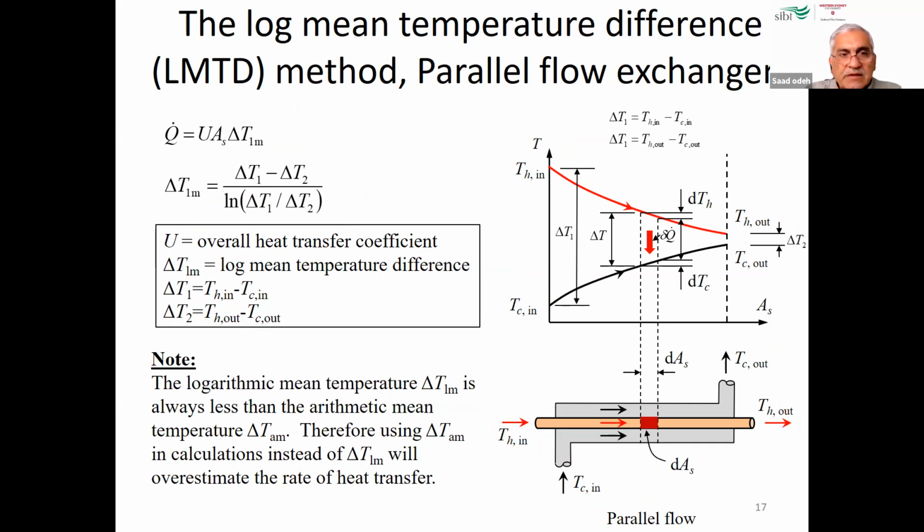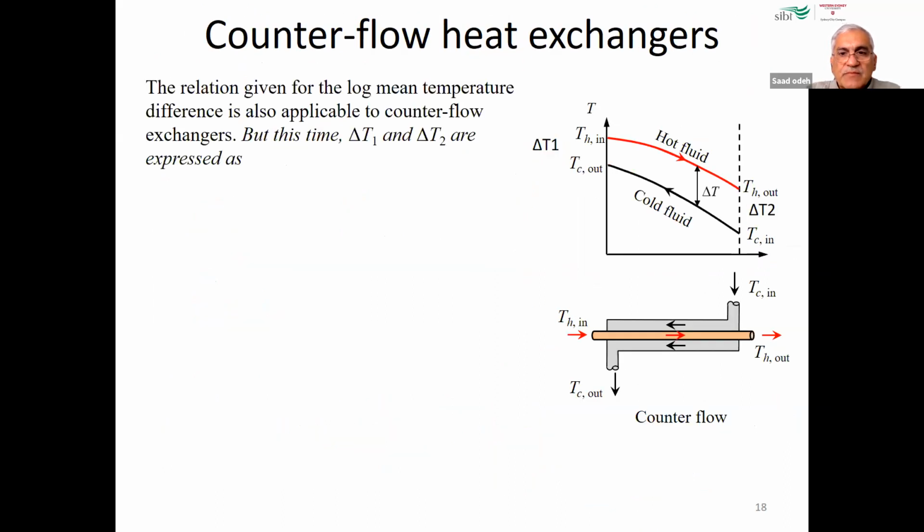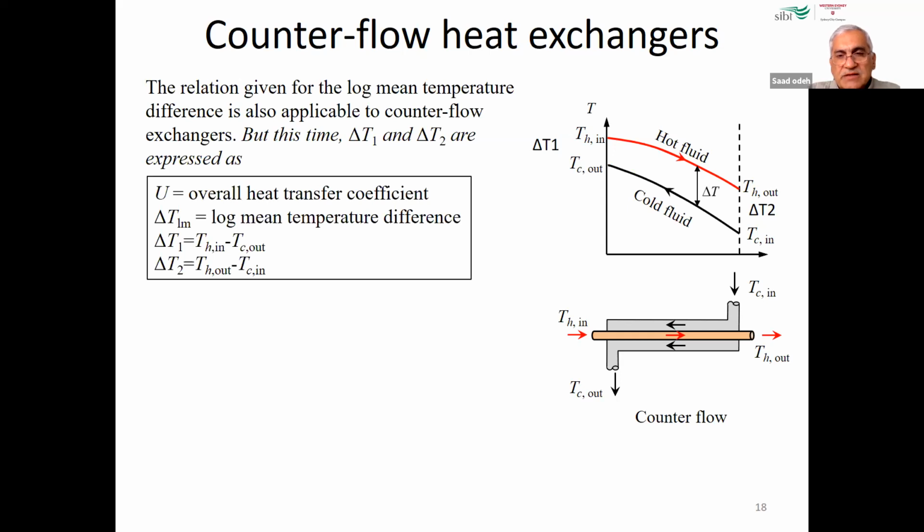For counterflow, we apply the same rule in heat transfer. So again, here heat transfer Q dot is U A delta T_LM, the logarithmic mean temperature difference. Same thing, we need to use delta T1 and delta T2.